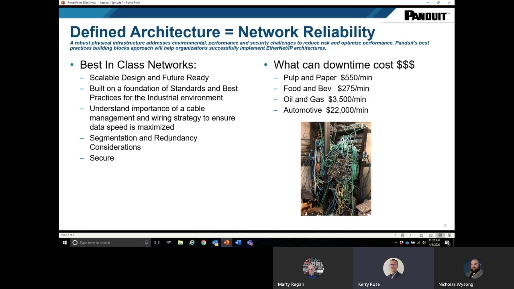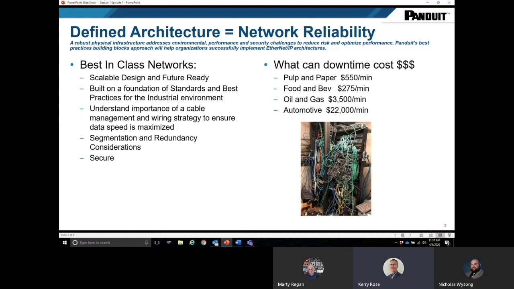So, what does it take to have a best-in-class network? Defined architecture equals network reliability. The cabling infrastructure must be scalable and must support future technology enhancements or gains. We will talk a lot about standards in the upcoming sessions, but the network should be designed around standards and implement best practices for various environments in the manufacturing space.